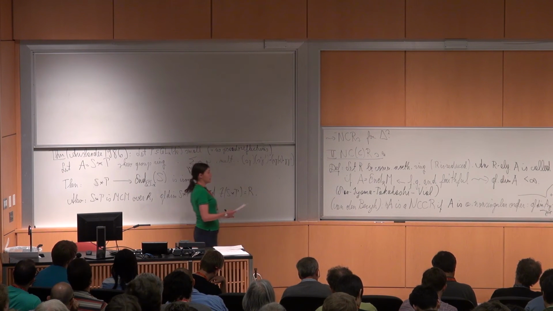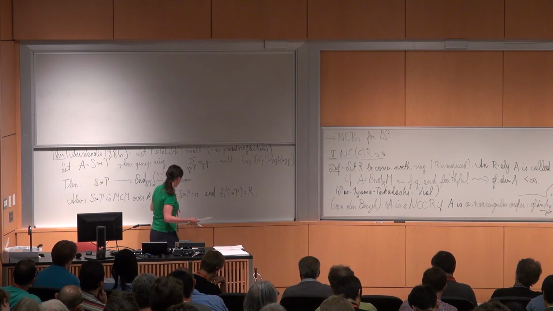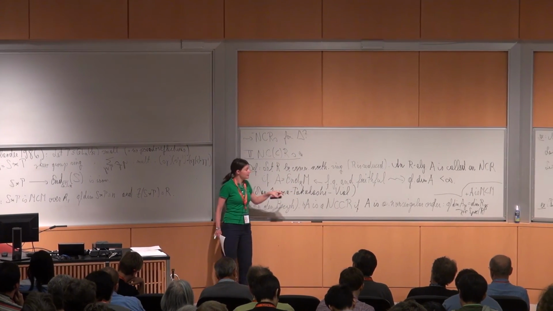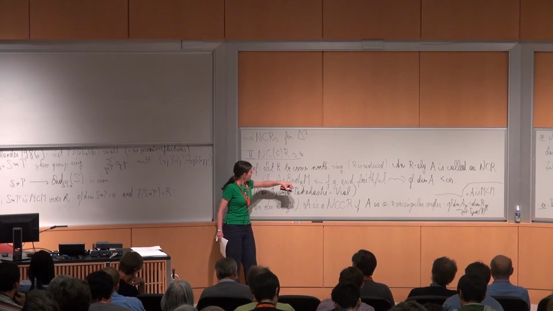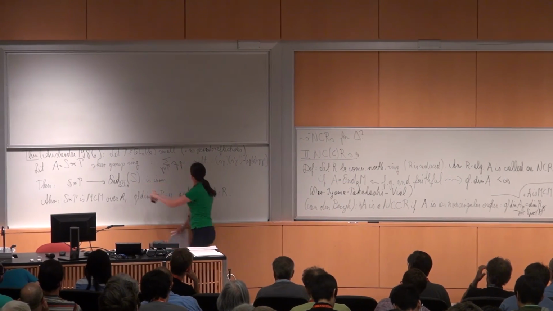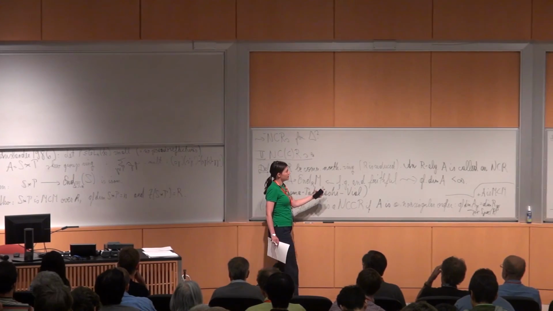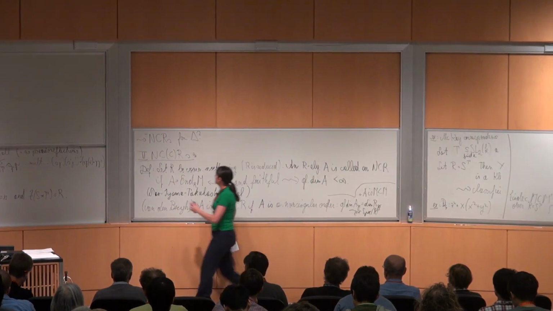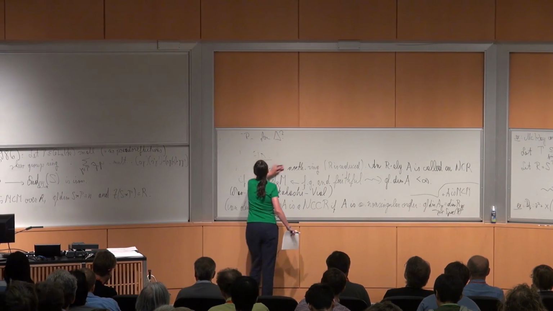So it's as perfect as it can be, because we have an endomorphism ring of a finitely generated module over R. It has finite global dimension, and it's even Cohen-Macaulay, so it's actually a non-commutative crepant resolution.